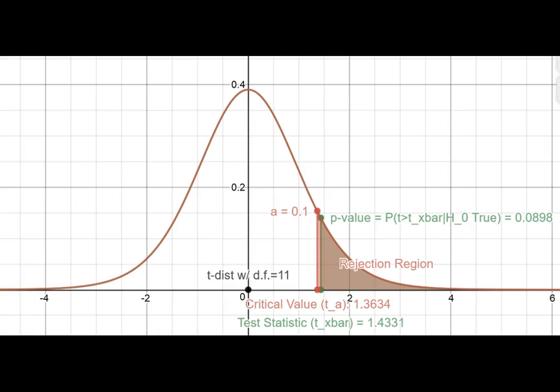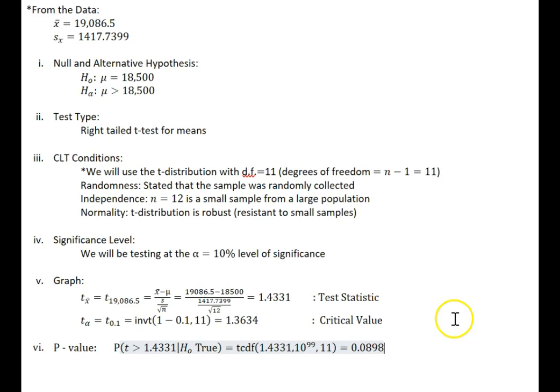So let's talk about how to summarize our conclusion. Okay, so back to our work. Again, my p-value is less than my significance level, or I can think about it as my test value that I got from my sample mean is further away than my cutoff.